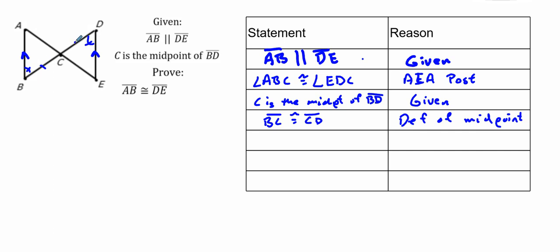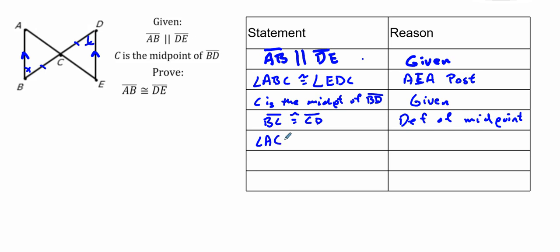So we're getting really close to having something that we need. We're getting really close to one of our triangle congruence ideas. We're one thing away, but we fortunately have one more statement to make.